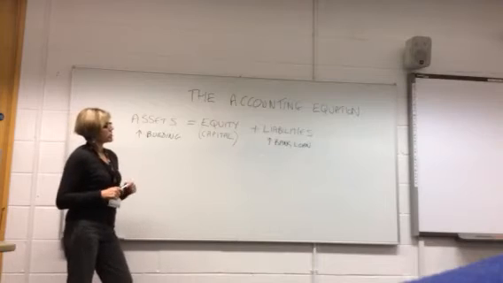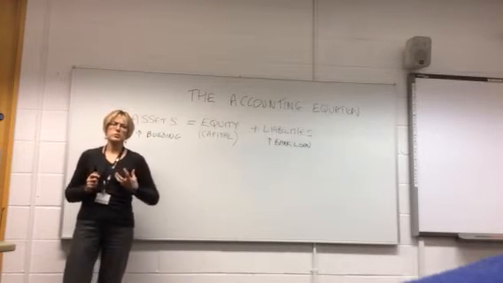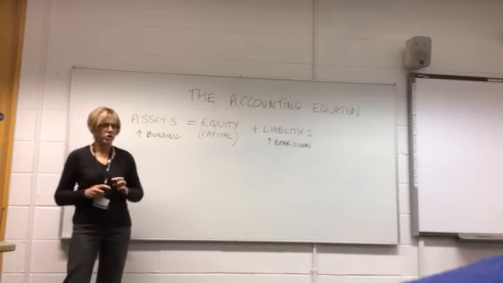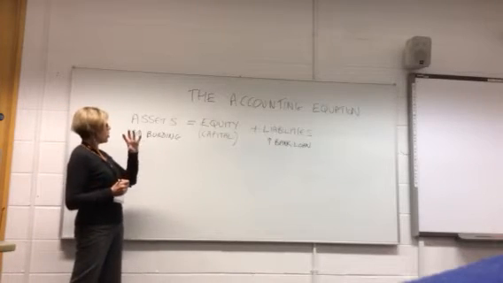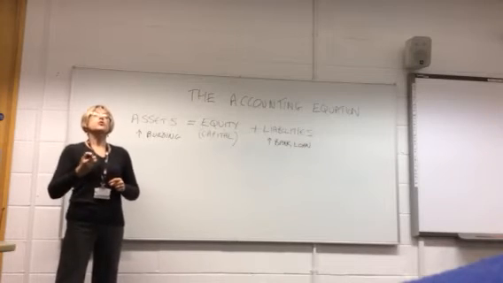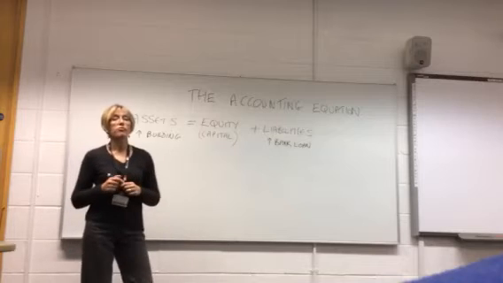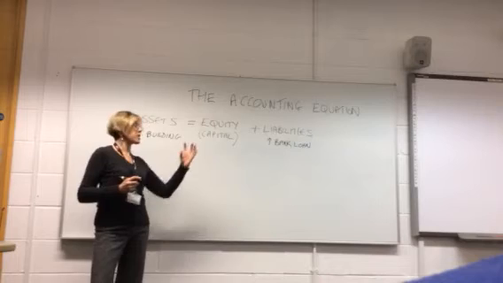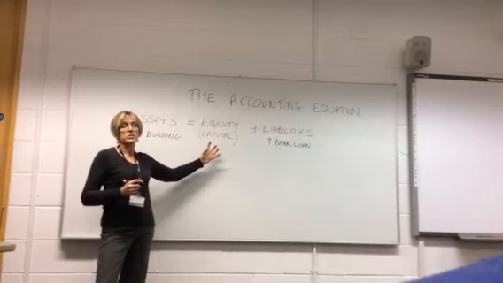Now, you can look at that accounting equation and you might think, hold on, there's something missing here. Where's the profit? Because I know that accountants are very concerned with profit. And you're right, there is something missing here. We can, in fact, expand our accounting equation so that we take profit into account. Now, if a business makes profits, or if it makes losses, those profits or losses become part of the equity or owner's capital in the business.